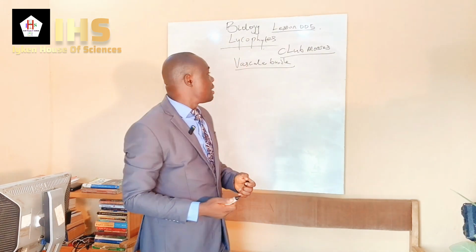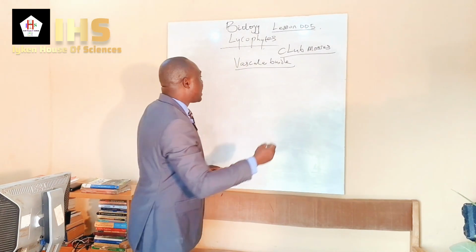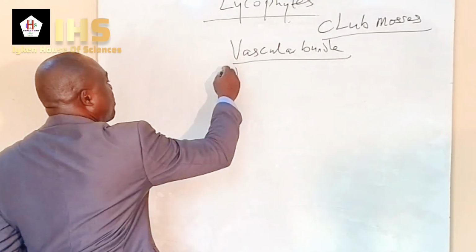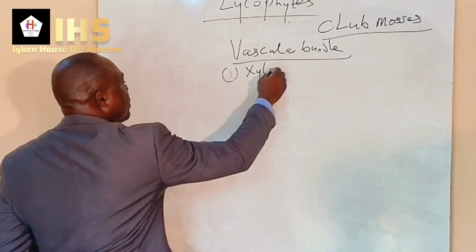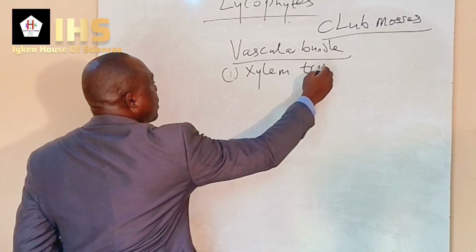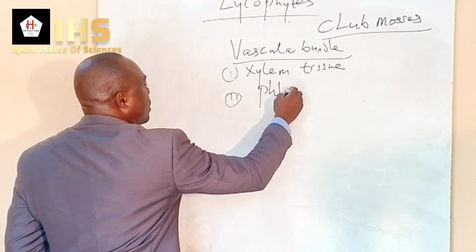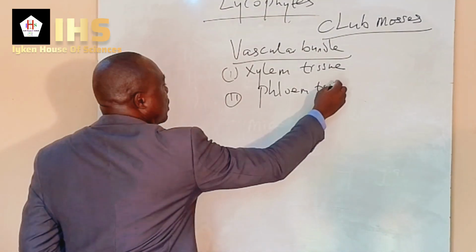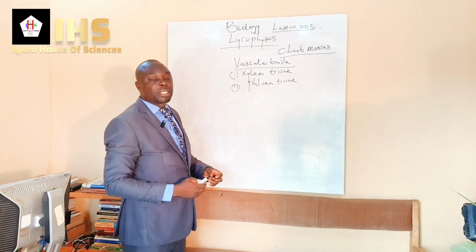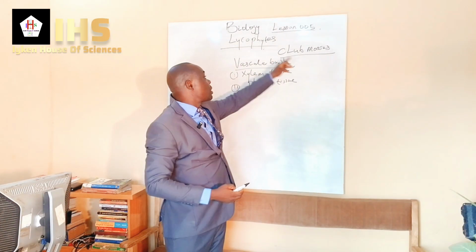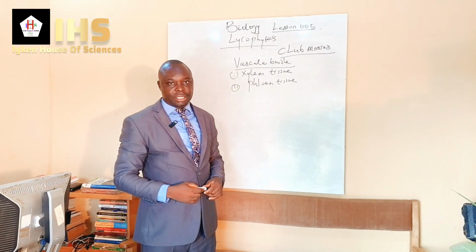Examples of these vascular bundles are the xylem tissue and the phloem tissue. These tissues are present in the club mosses, which we call the lycophytes.